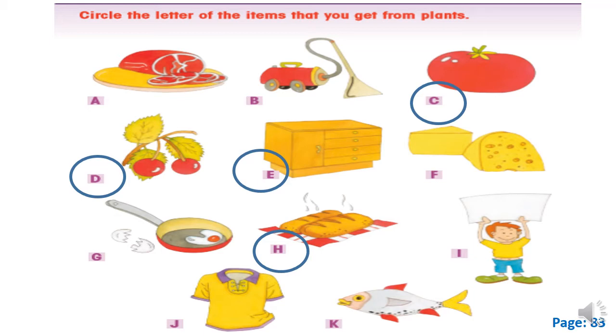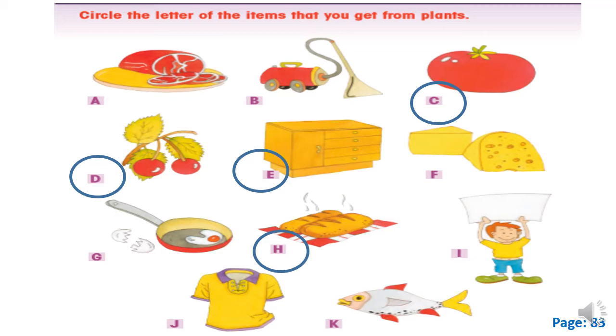There is a boy carrying the paper. Can I use plant in order to make paper? To make our books? Yes, sure. Excellent. Don't forget, you can revise the previous lectures and you can know that plants can give us food.